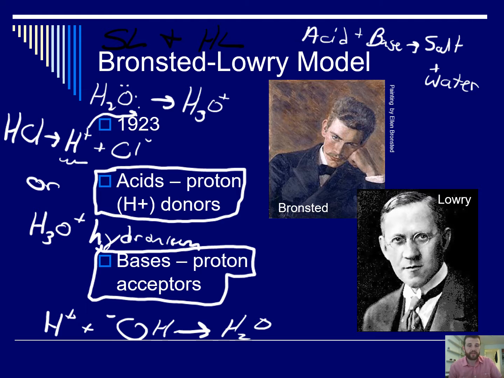And then next up, bases are proton acceptors. A very common proton acceptor that we're going to see is hydroxide, OH-, because what you'll end up with then is if you have this hydrogen meeting up with a hydroxide, you get water.